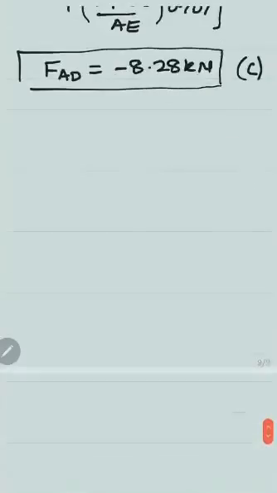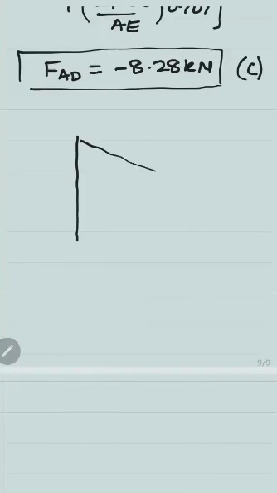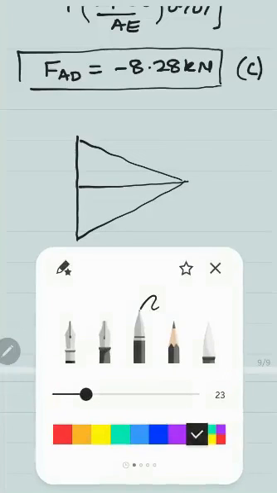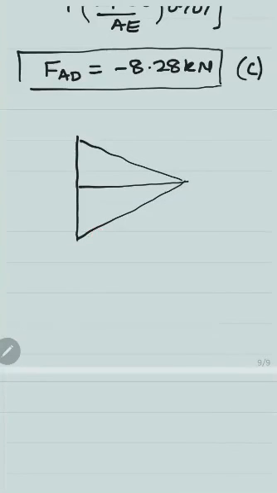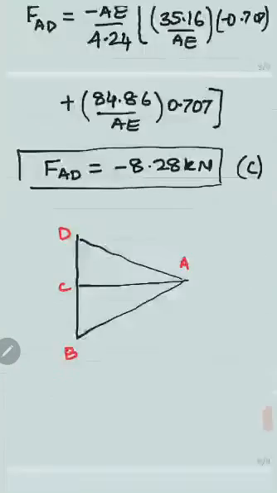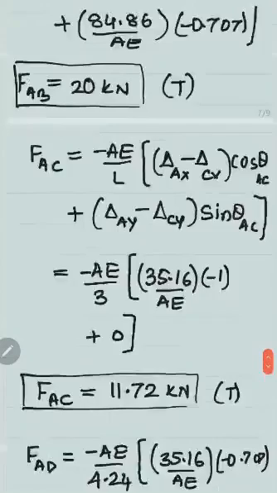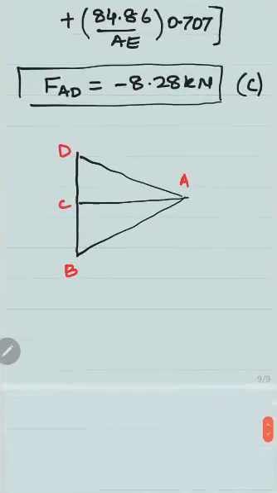You can also show the member forces in the form of a figure. You can show it like this, right? This is A, this is B, this is C, and this is D. So member AB is 20 kilonewton tension, away from the joint, right?